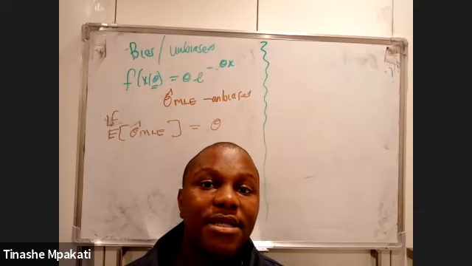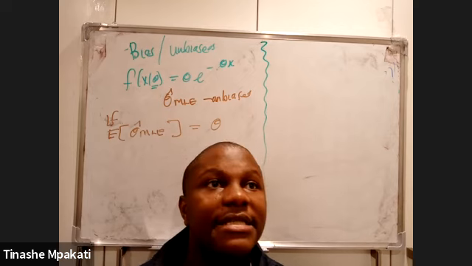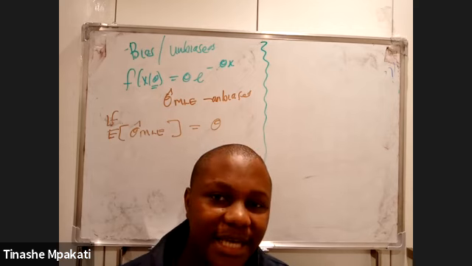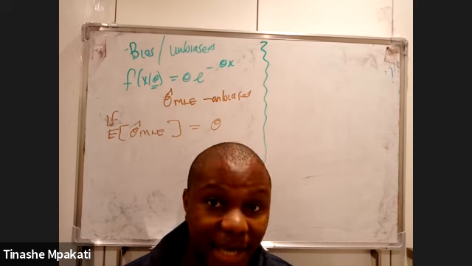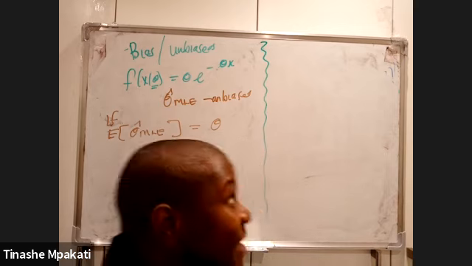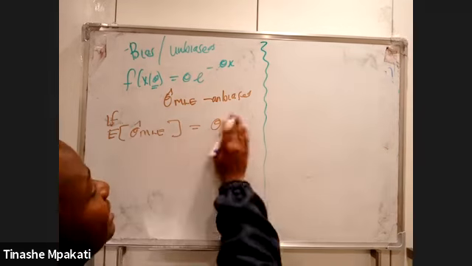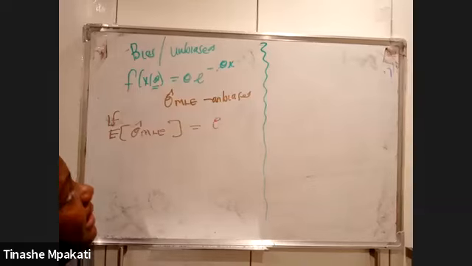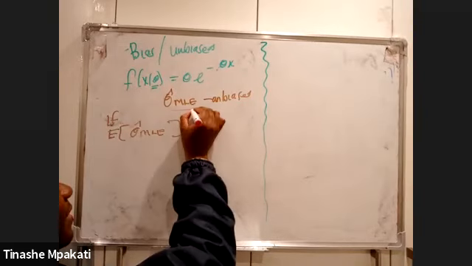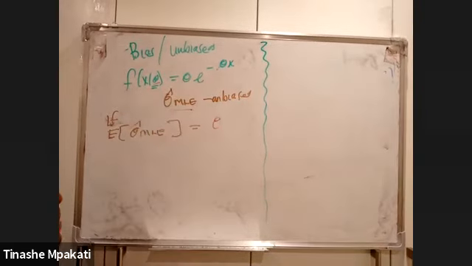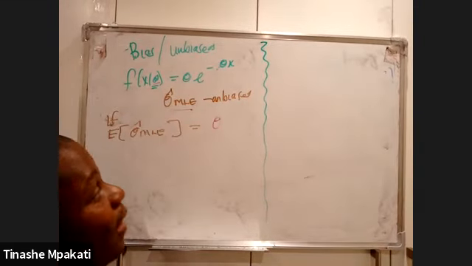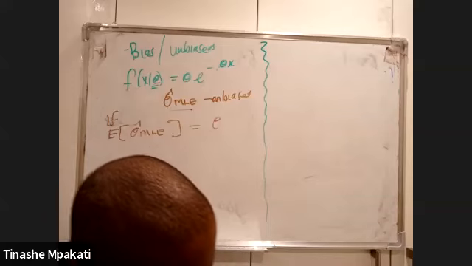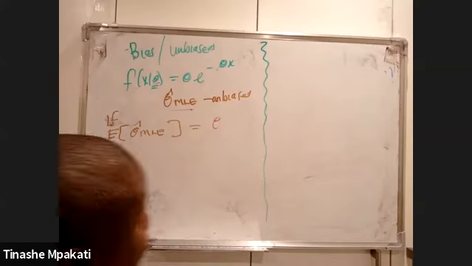For your estimate to be unbiased, when you take the expectation of that estimate, it should be the same as the parameter of interest, theta. Otherwise, it will not be unbiased. It will be biased in that case.